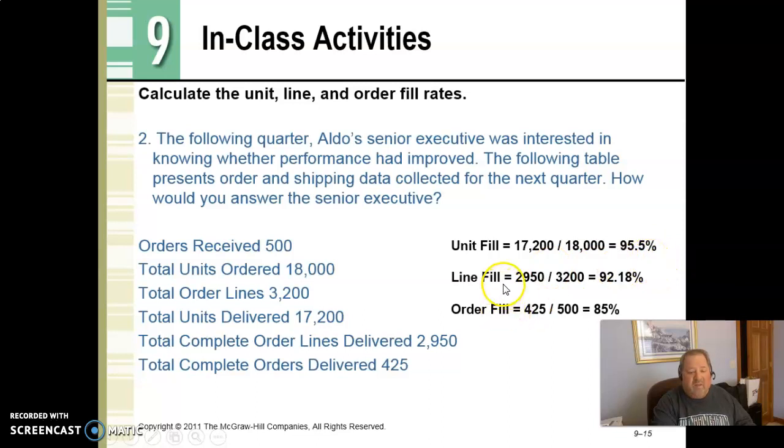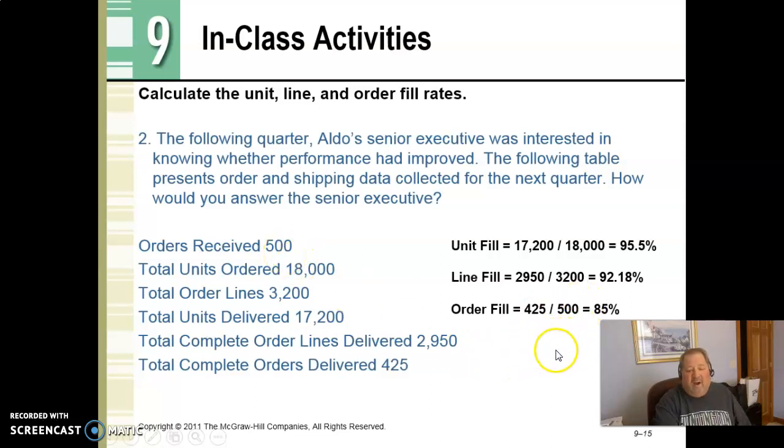Line fill, the total complete order lines delivered divided by the total order lines, is 92.18. And the order fill rate would be the 425 orders delivered divided by the 500 orders received.